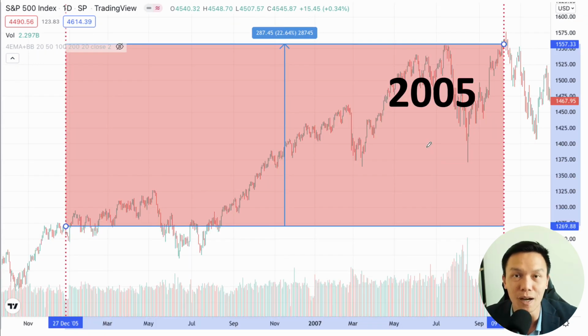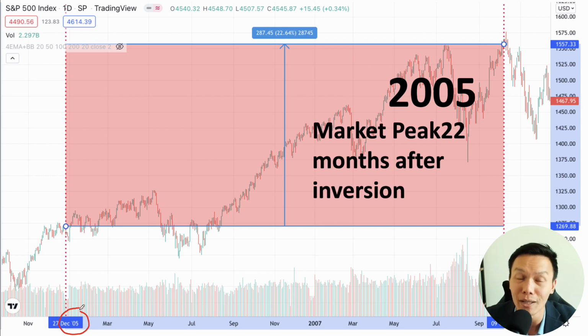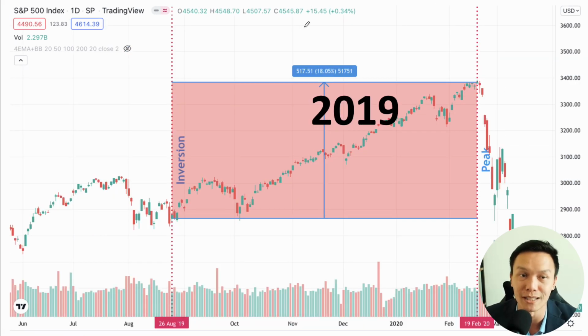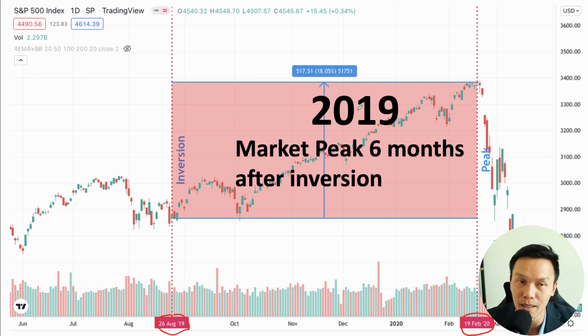Now, in 2005, the inversion took place in December. However, the market only peaked 22 months later, after running for another 22%. Now, more recently in 2019, we saw the inversion take place in August. And of course, we had our famous COVID market crash in February 2020. During that period, the market ran for another 6 months and another 18% more.